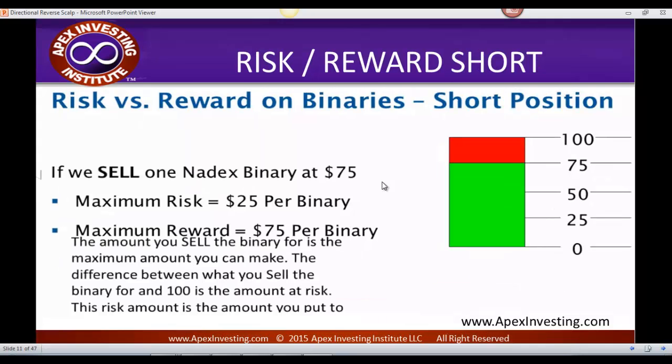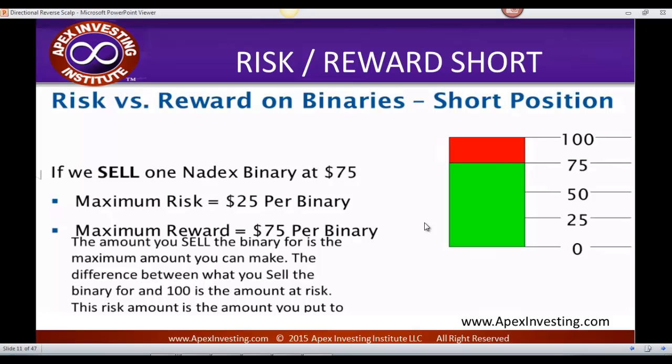Now, what about the opposite? What if I'm selling a binary? Well, it's a little bit different here. If we sell a Nadex binary at 75, that means our maximum risk is $25 because it's the difference from $100 to where I sold. So the amount I sell a binary for is the maximum amount I can make. The difference between what I sold the binary for and $100 is the amount at risk.